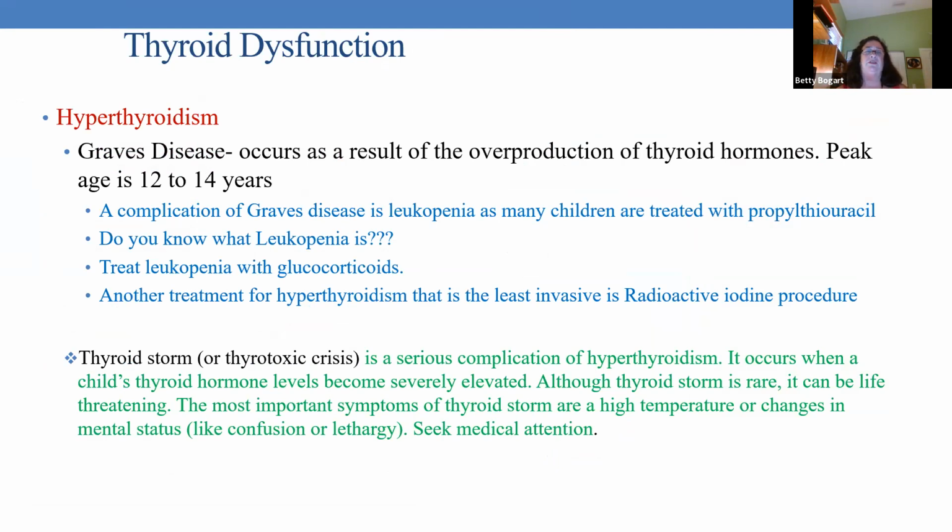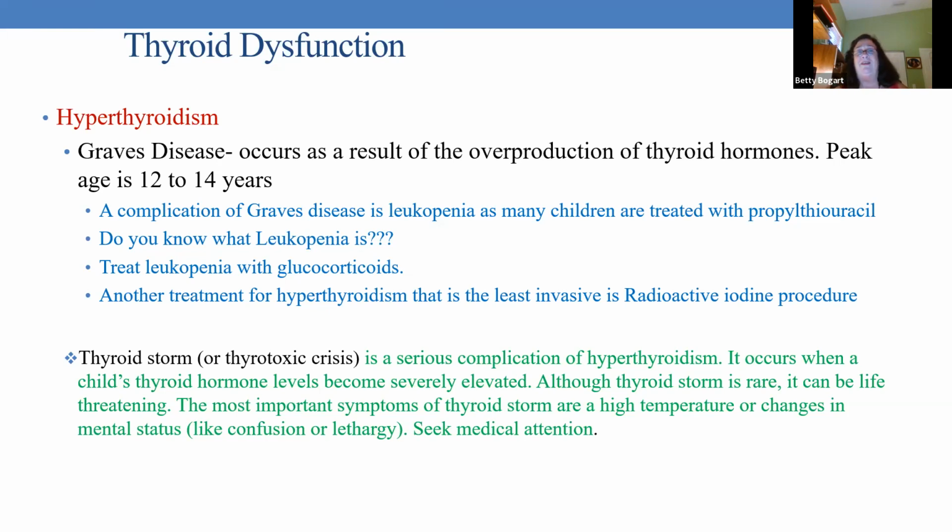Now, one of the conditions, Graves: it's usually adolescents, they have hyperthyroidism, and it's just too much thyroid hormone in the body. They treat it with propylthiouracil, or PTU is the initials commonly used. But one of the teachings, and I'm telling you, physicians don't teach anybody about this.